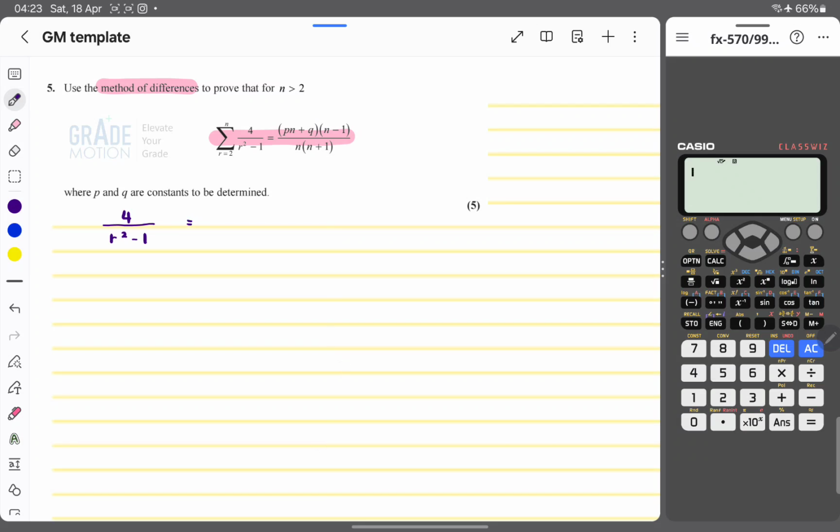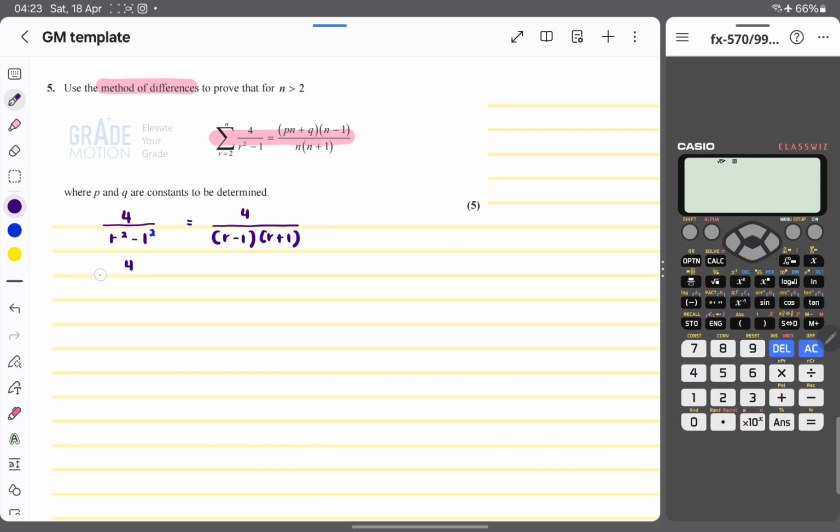In order to express this in partial fraction, we have to rewrite our denominator in factored form. This r squared minus 1 can be rewritten as r squared minus 1 squared, a difference of 2 squares. That means the factored form is r minus 1, r plus 1.